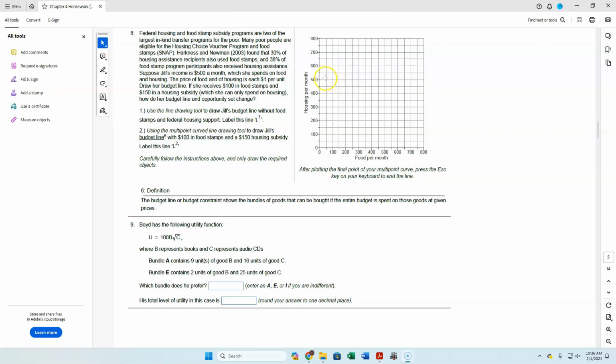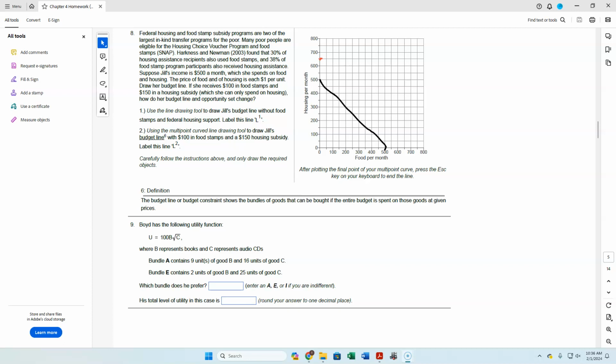Well, in terms of the one, right? Presume that's a straight line. If she just had income, she'd have a one-to-one trade-off between the two, right? Because she could choose to do whatever she wants with her money. Now, in addition to this income, she's now given food stamps and a housing subsidy.